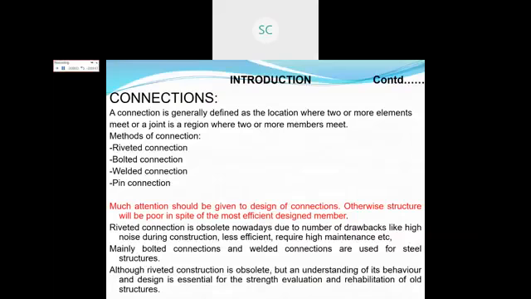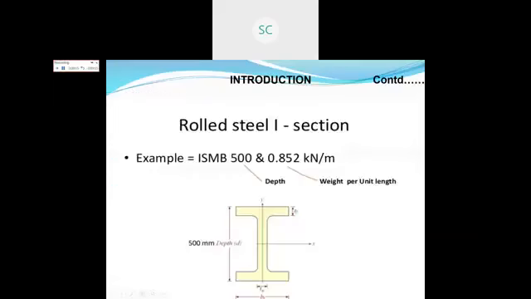So after knowing these parts, we come to the connection. You must understand the material very well. As third year or final year students, you know the properties of steel: the density, the ductility of mild steel, and the stress strain diagram.